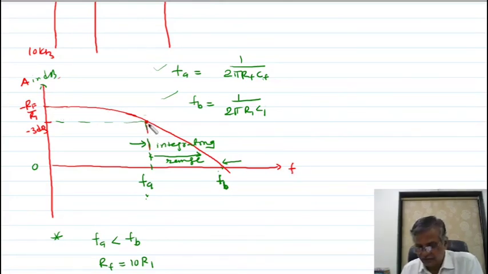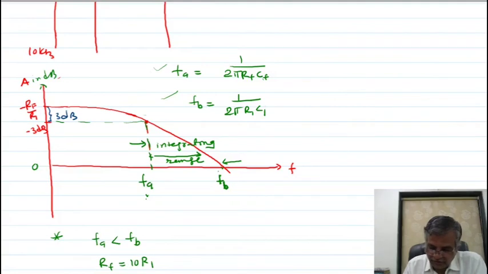Then you have to find experimentally the frequency FA at which your gain is reduced by 3 dB. See, if this is 10 dB, then this is 7 dB, so this is your 3 dB. I have to mention it properly.